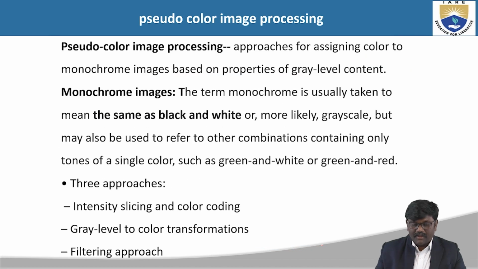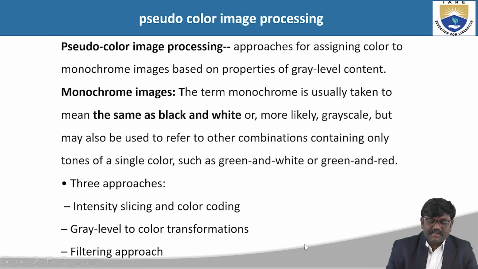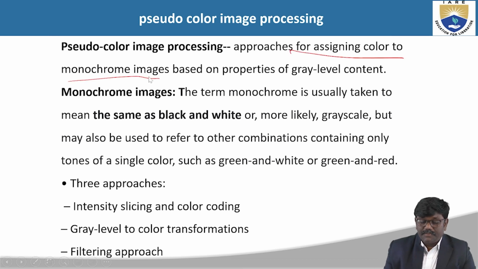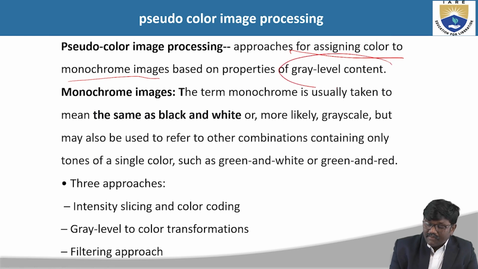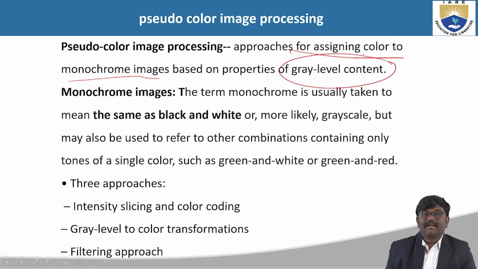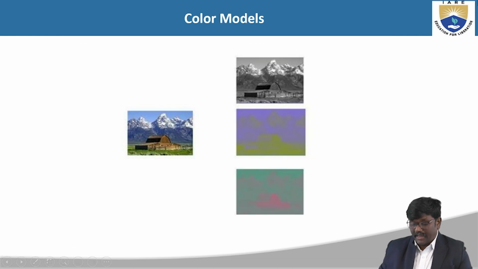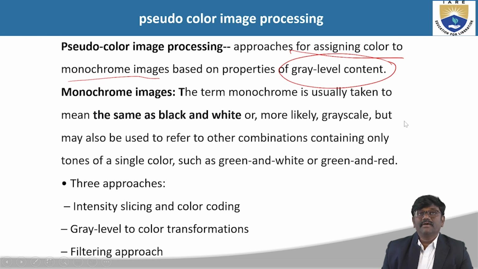Coming to the continuation, pseudo color image processing approaches assign color to monochrome images based on the properties of gray level content. What do we mean by gray level content? Black and white. Based only on the black and white content of the image, you apply the selected approach, which we call the pseudo color image processing approach.